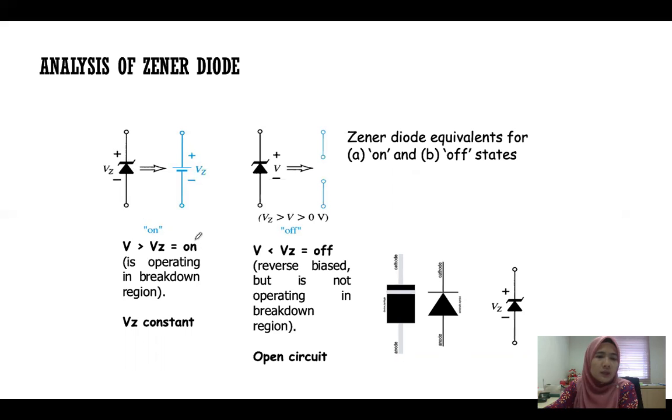On condition meaning that it is operating in the breakdown region. Remember, a Zener diode is designed to operate in the breakdown region. But if V is less than Vz, we call it an off condition. This is actually reverse bias, but it is not operating in the breakdown region.